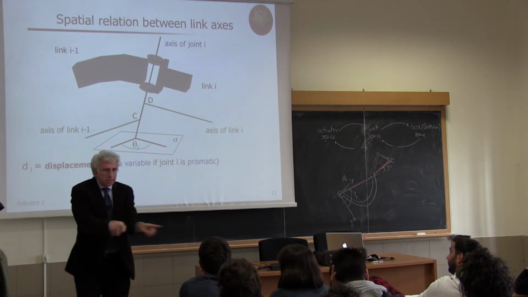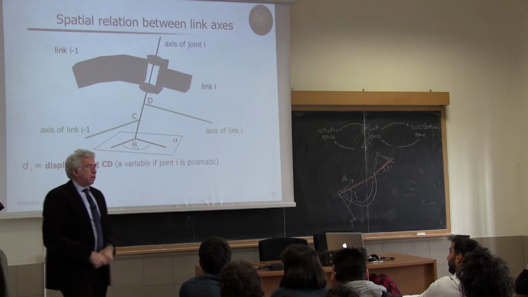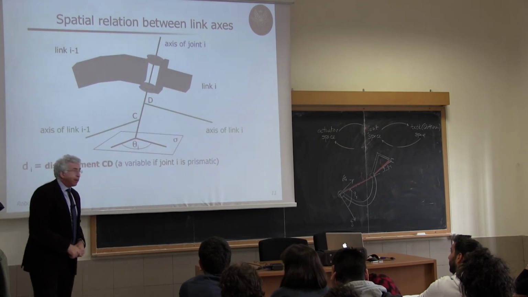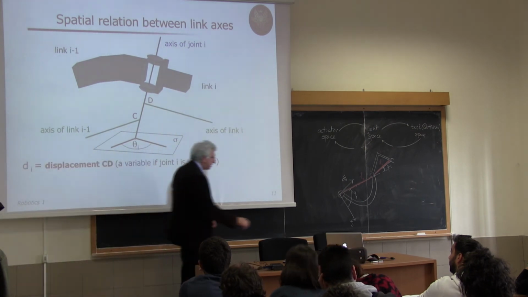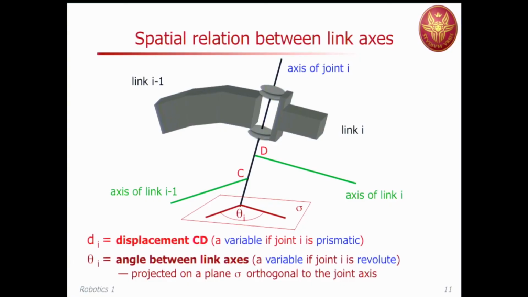And these two axes on the plane will make an angle, which is theta i. And this theta i, exactly for the dual reasoning to the previous case, is the angle between link axes.